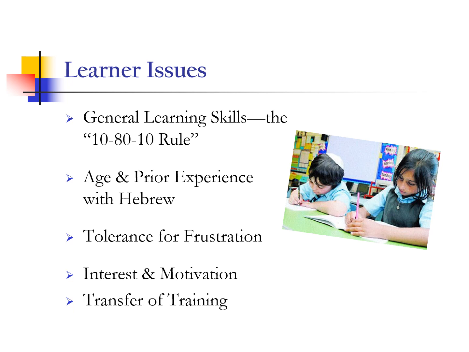So the goal here is to make the 80% more like the top 10% and less like the bottom 10%. Other learner variables are age and prior experience with Hebrew, and an individual's tolerance for frustration. This is true of language learning in general. The higher your tolerance for frustration, the more success you're going to have.